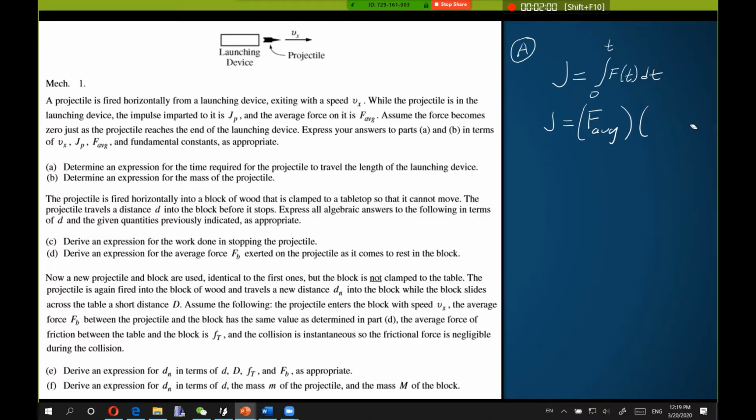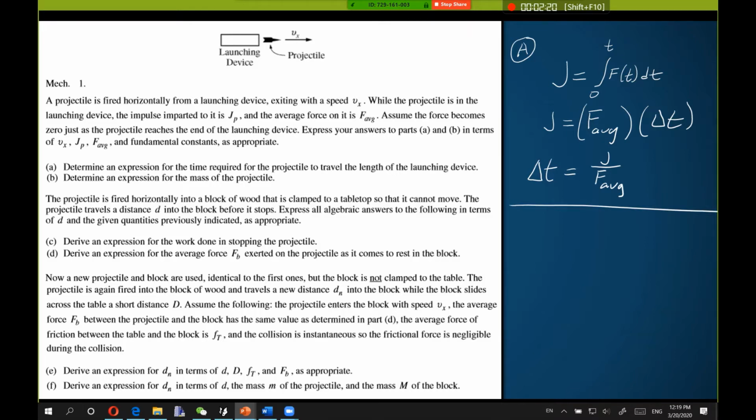Even more specific, this is my change in time. Okay, so if I want to solve for time, what do I have to do? Okay, so impulse divided by average force should give me the time. Okay, that's good for A.